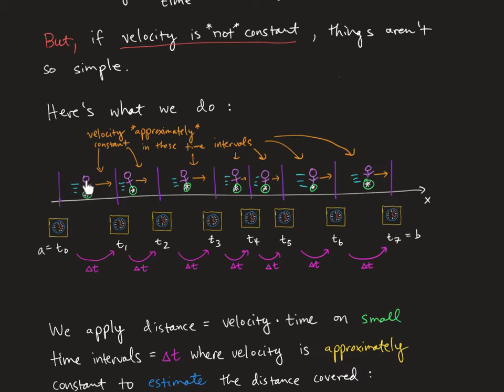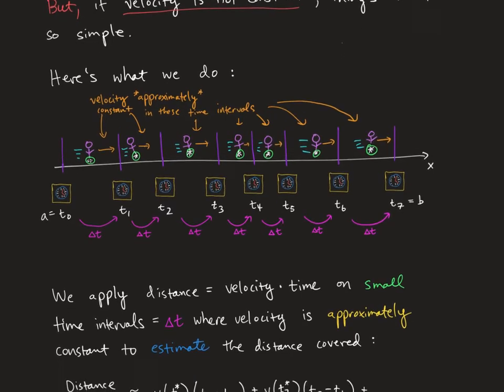So I just pick a time in here, look at the velocity, and let that represent all of the velocities in this time interval. So roughly, the velocity when our little person is here, multiplied by the change in time here, will roughly tell us the distance that was covered in this time span.